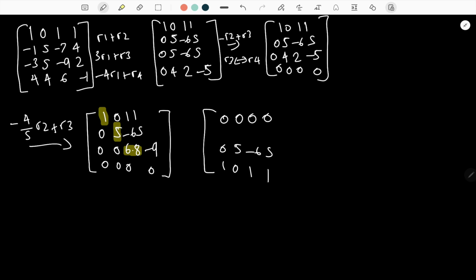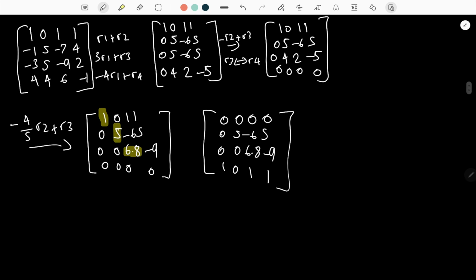Yeah, okay, my bad. So this one will be here. If you're flipping it, it will be easier, but you get the idea. So if you've got this as your final answer, the last step you have to do to make it into REF would be to flip the first row with the last row. So that will bring the 0 row to the bottom, and you have REF then.